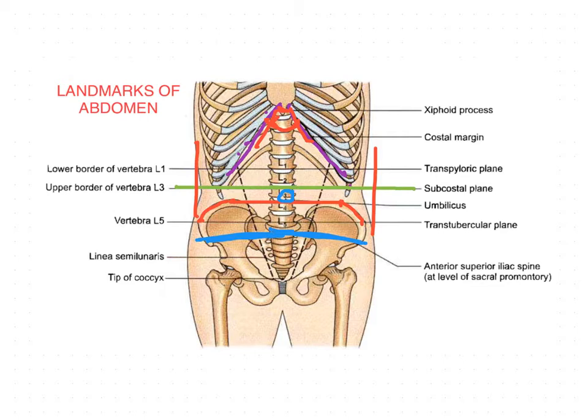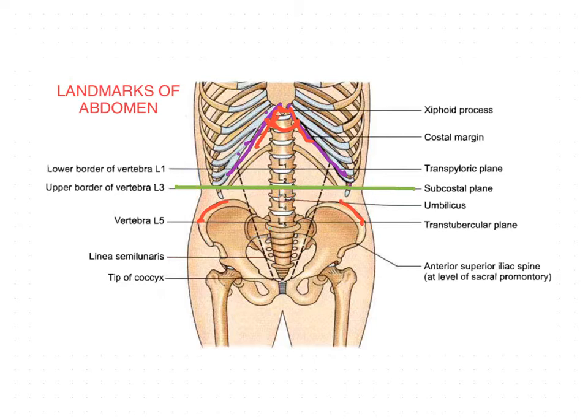Okay. Next, the tubercle of the iliac crest is situated on the outer lip of the iliac crest, about 5 centimeters behind the anterior superior iliac spine. The intertubercular plane passes through the tubercles. This is a very important plane, called the intertubercular plane.